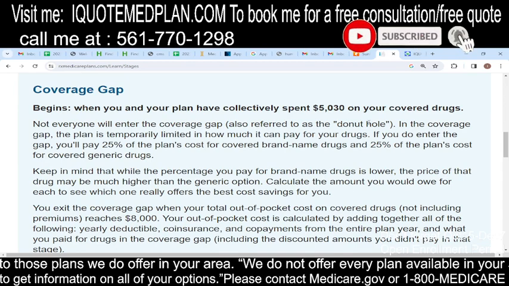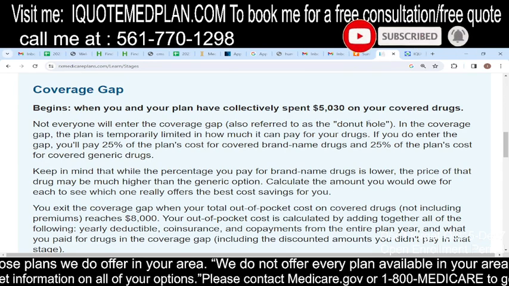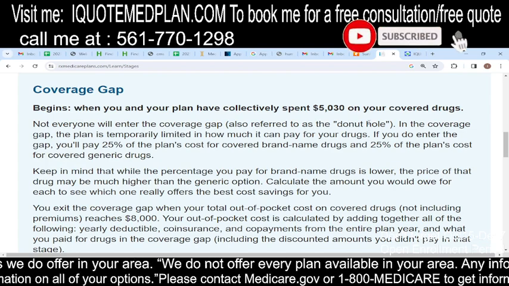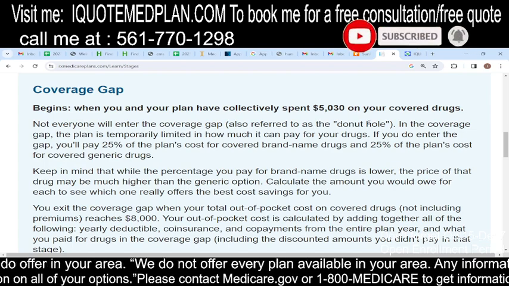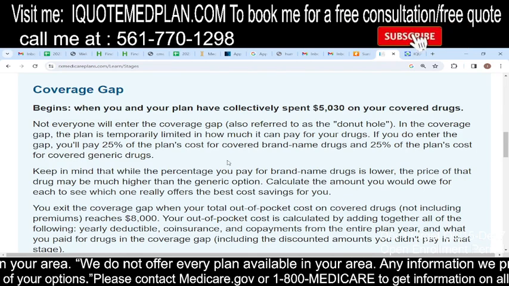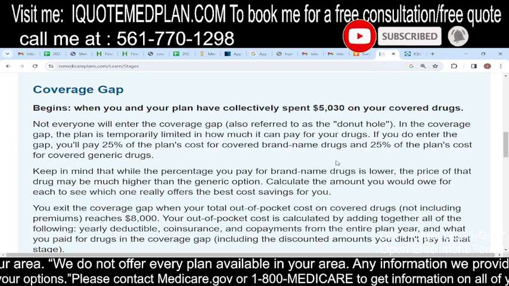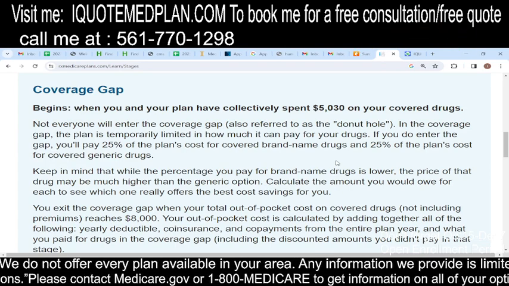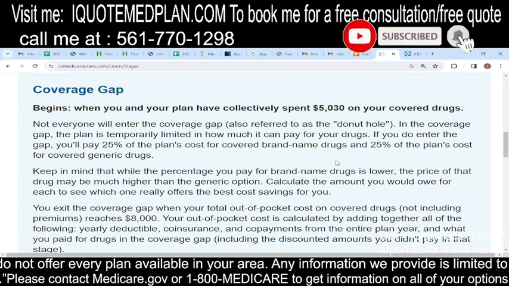In the coverage gap, the plan is temporarily limited in how much it can pay for your drugs. If you do enter the gap, you'll pay 25% of the plan's costs for covered brand name drugs and 25% of the plan's cost for covered generic drugs.